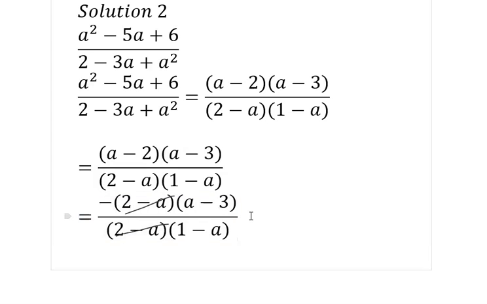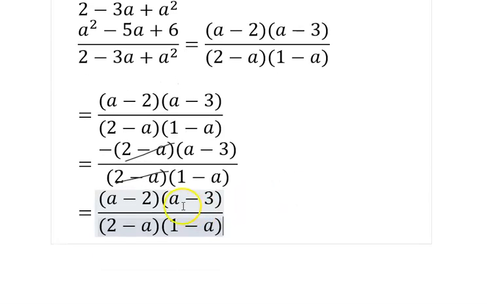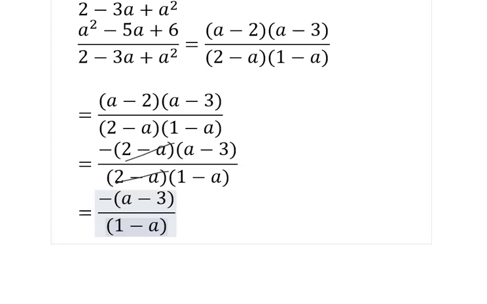So we'll be left with what? That means this a minus 2 has been cancelled out. We are left with minus up there with a minus 3, and this one has also gone. This is our final answer.